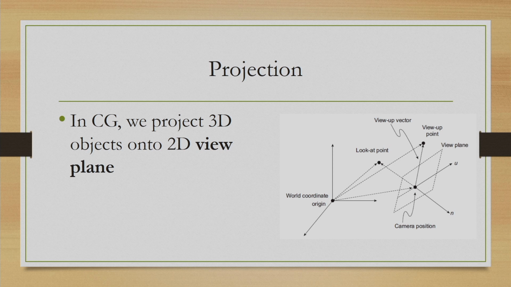So, let us try to understand the basic setting. We have this world coordinate system where the scene is described. Now, we are looking at the scene through the viewing mechanism provided in the camera, and then we are taking a snapshot.